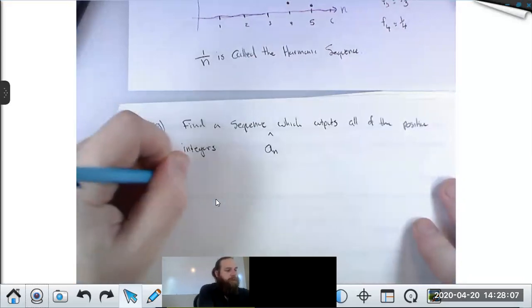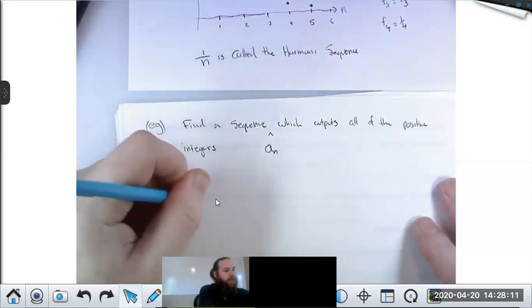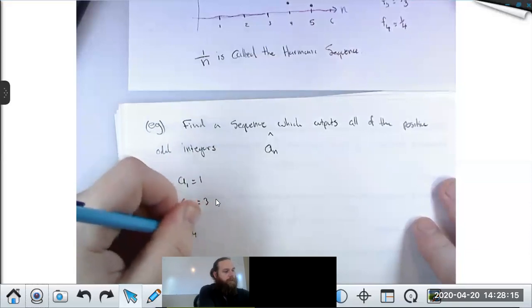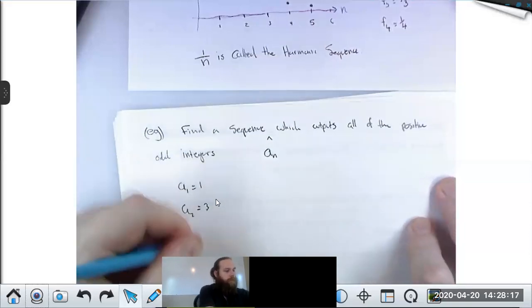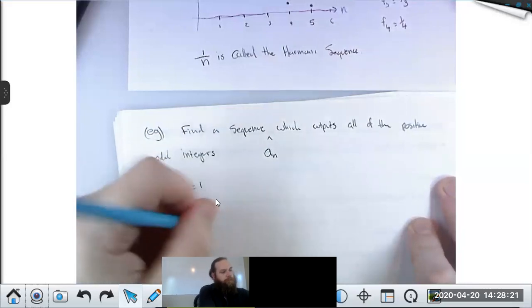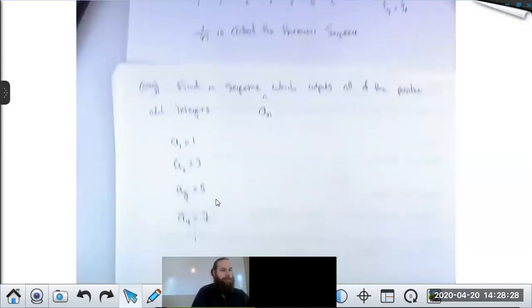So a1 should be 1. a2 should be the next odd number, 3. a3 should be the next odd number, which is 5. a4 would be the next odd number after that, 7, and so on.